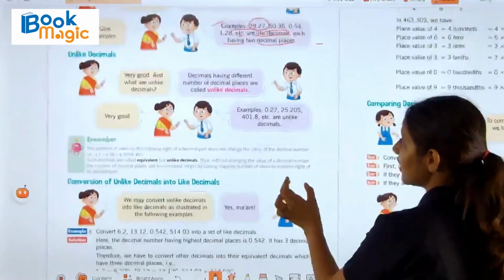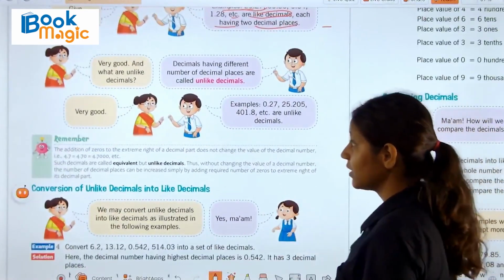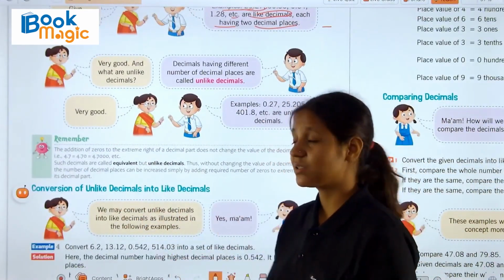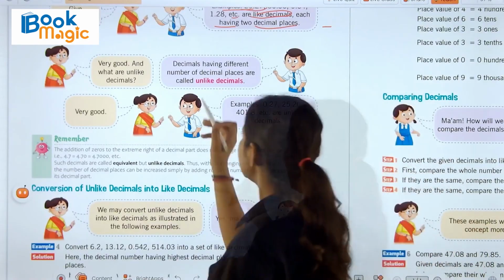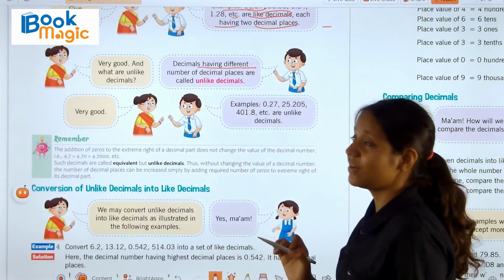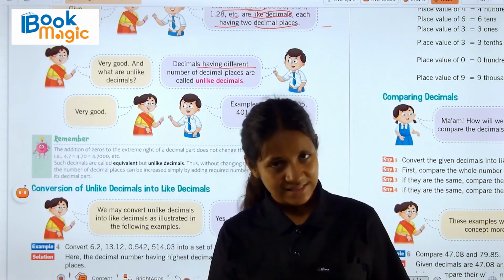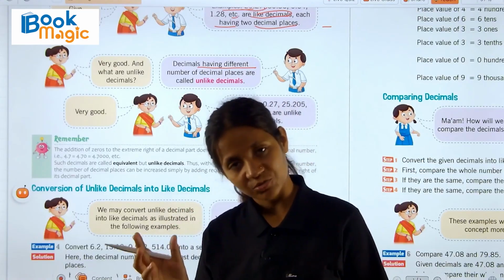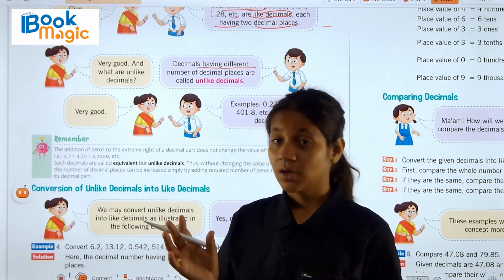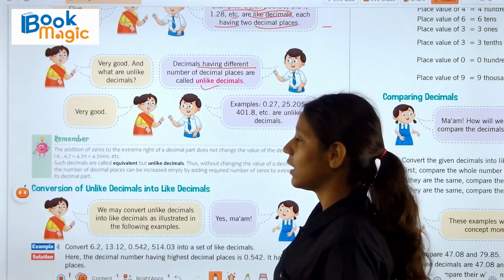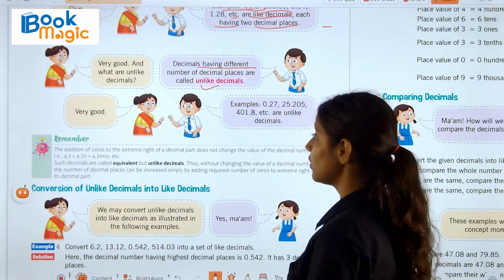Then we have unlike decimals. Teacher said, very good, and what are unlike decimals? Deepak replied, decimals having different number of decimal places are called unlike decimals. So decimals whose decimal places are different, that are unlike decimals. Teacher said, very good.